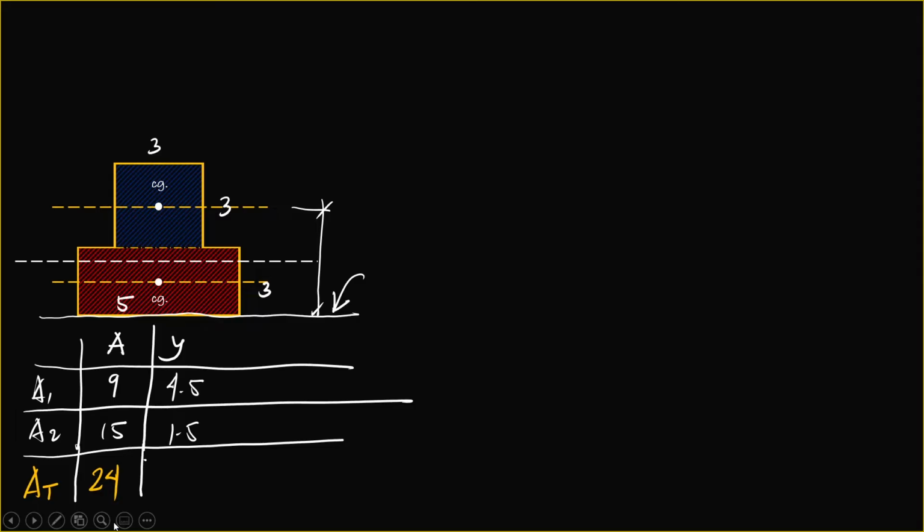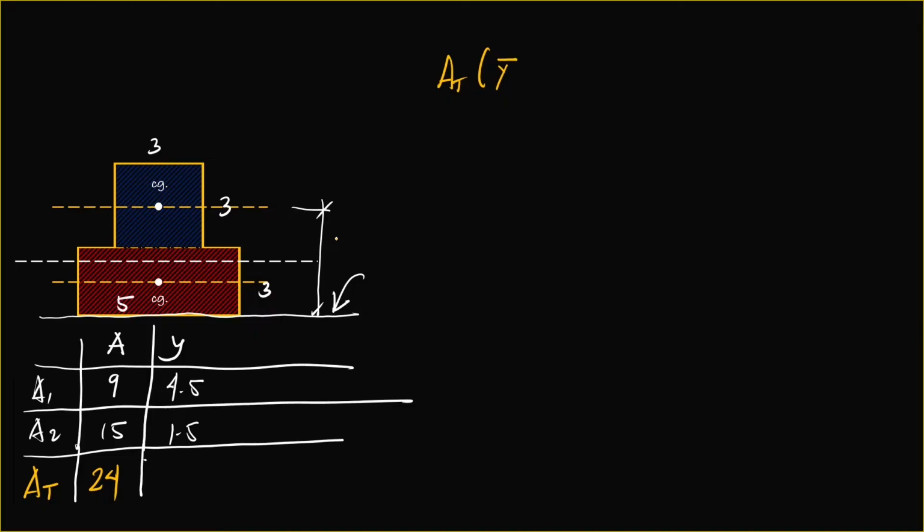Okay, in solving for the value of y and the total area, we use Varignon's theorem. Varignon's theorem says that the total area times the y bar, not the x bar, because the distance is along the y-axis.